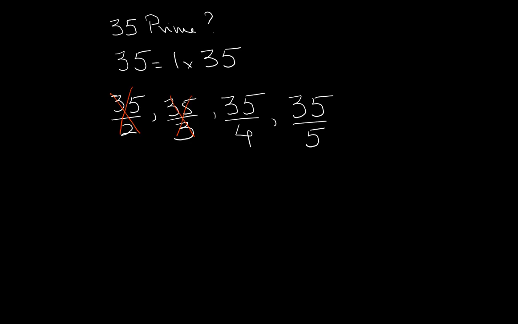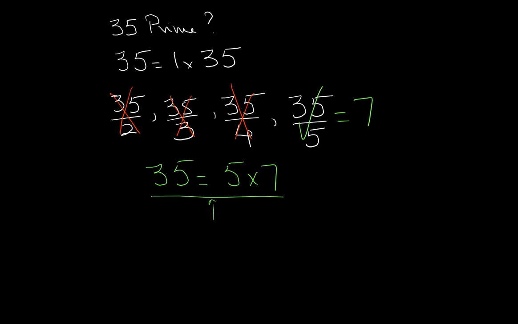The answer is yes, because 35 divided by 5 is equal to 7. So we can write 35 as 5 times 7, which means 35 is a composite number. It's not prime because it has more than two factors.